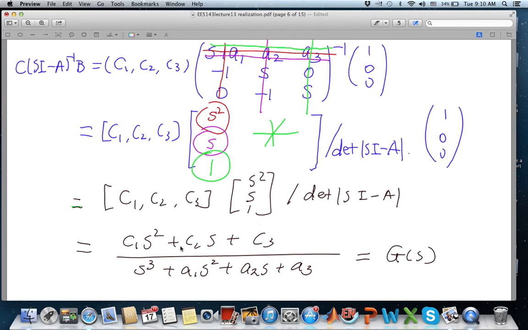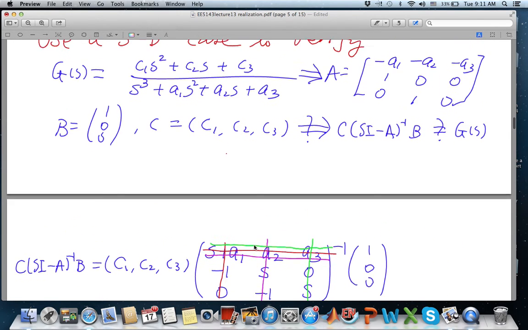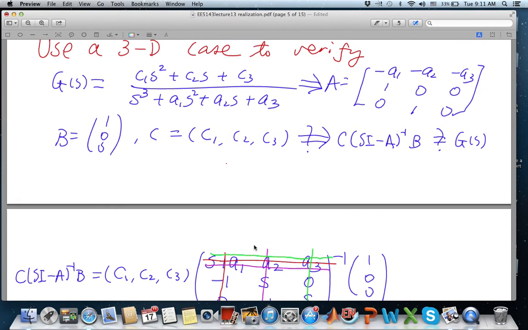When I calculate this, you can easily see the determinant gives exactly s cubed plus a1 s squared plus a2 s plus a3, and c1 s squared plus c2 s plus c3 is the numerator. Then we can verify that through the C (sI minus A) inverse times B operation, I really got my original transfer function as shown before.